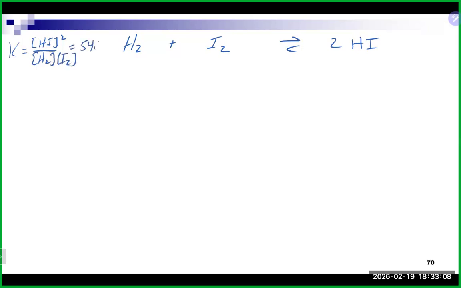All right, now that we are confident, hopefully, about which way this thing is going, let's do the actual ice table. So I'm going to borrow maybe a page here. We've got H2 plus I2 goes to 2HI. We'll pop our K in here again, it's going to be HI squared over H2 I2, equals 54.3.